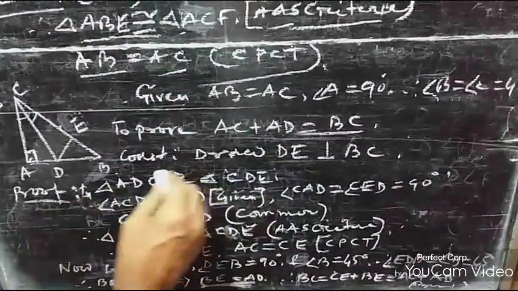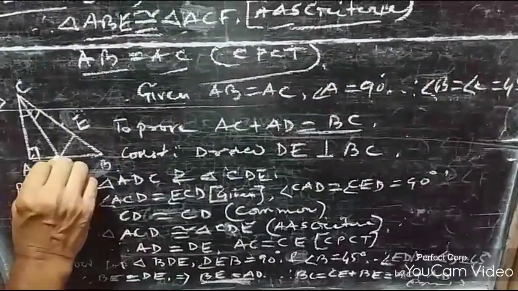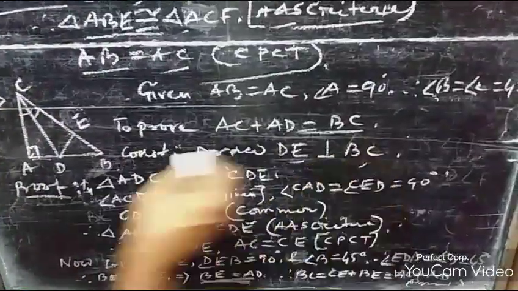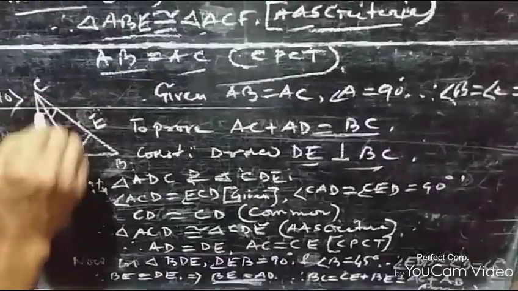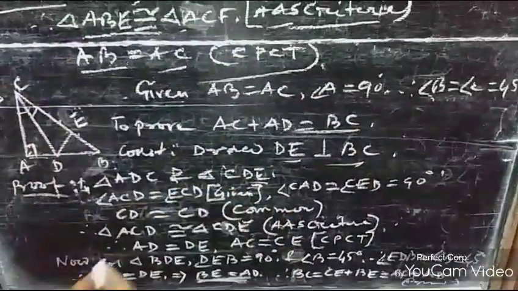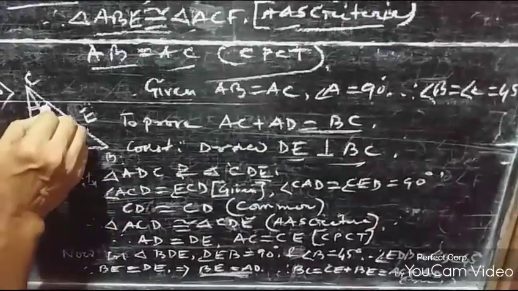See, here one construction is required, that is from point D draw perpendicular DE on BC. Now in triangle ADC and triangle CDE, within these two triangles, what are actually equal? This angle equal to this angle. CD is the bisector of angle C. So this angle equal to this angle.